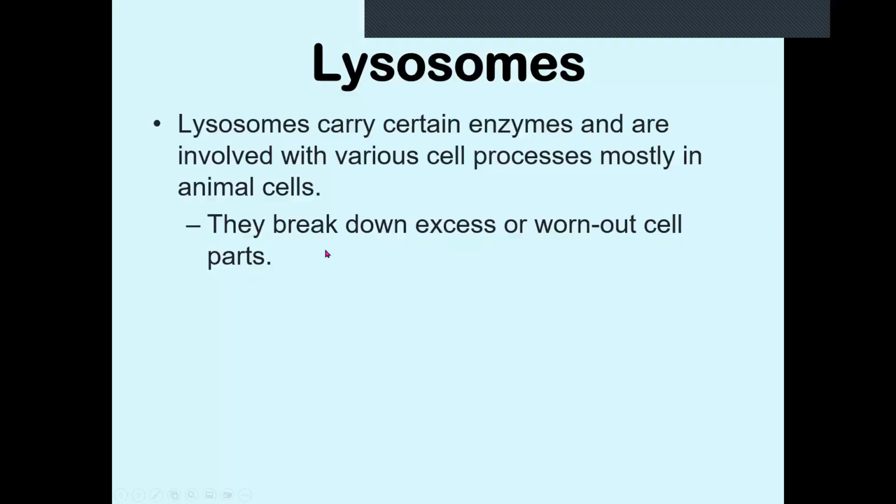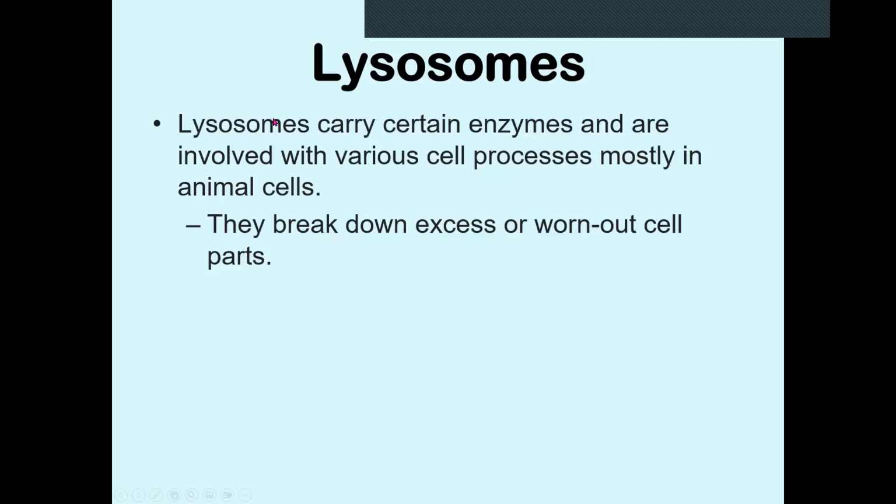We have other organelles called lysosomes, and they carry enzymes and help with various processes in the body, mainly in animal cells. They move, because things move around animal cells much more easily than in plant cells.